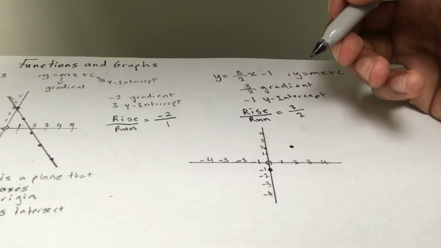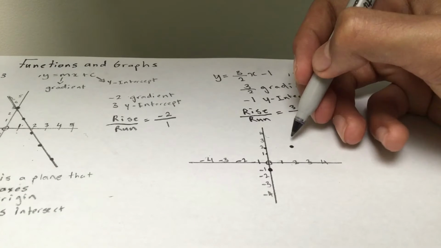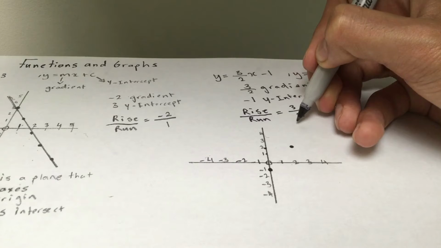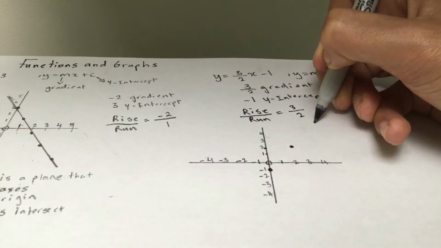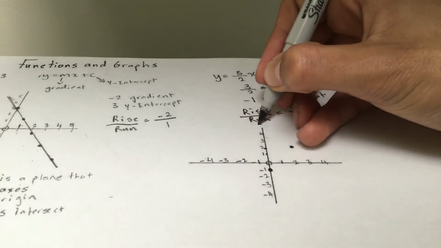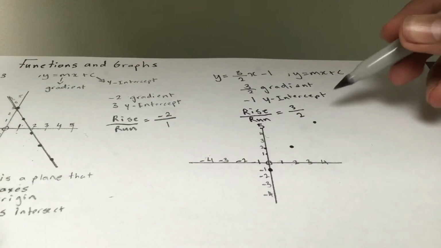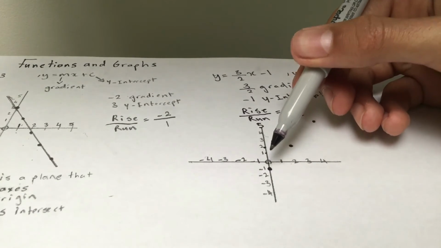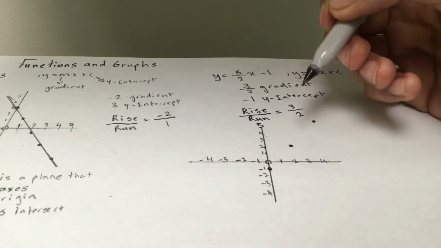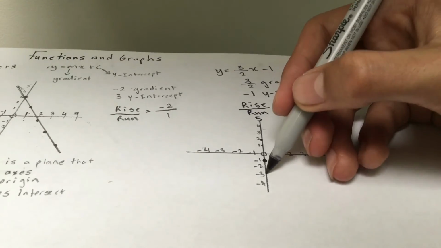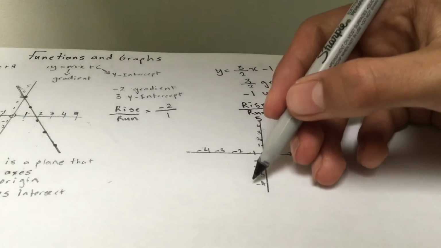So the next step is to do this again. We go 1, 2, 3, and then 1, 2. So it'll be here. It's meant to be at 4, 5. Okay. So now we can do it from the bottom point instead. We can go downwards: 1, 2, 3, and then 1, 2.